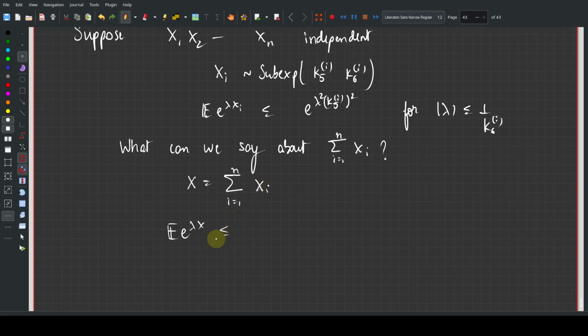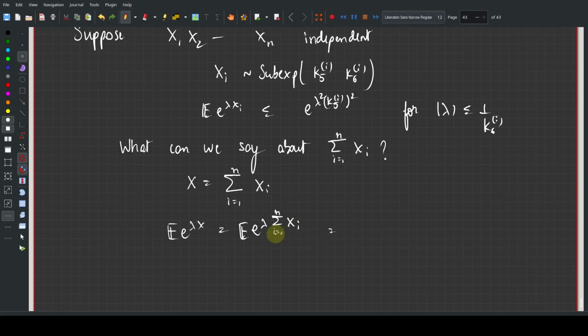So what can I say about this? Correct. So firstly, let's just do this step by step. It is the expected value of e raised to lambda summation i equal to 1 to n xi, right?